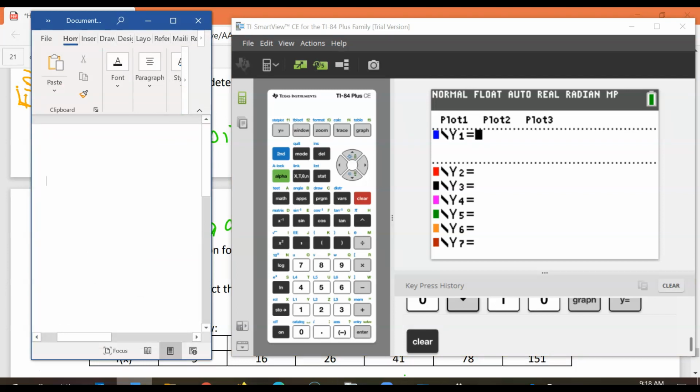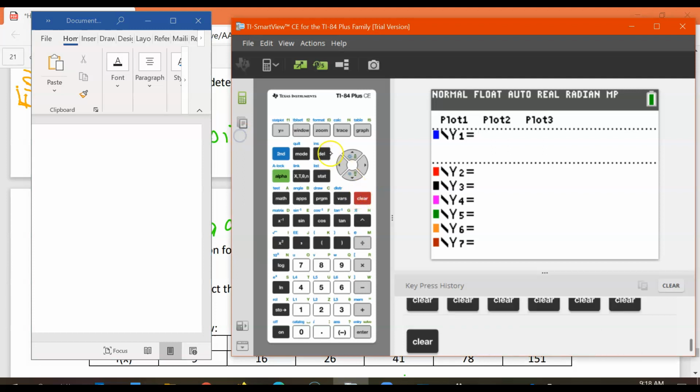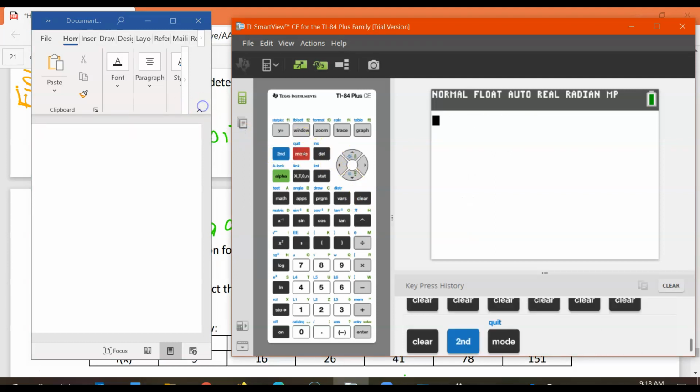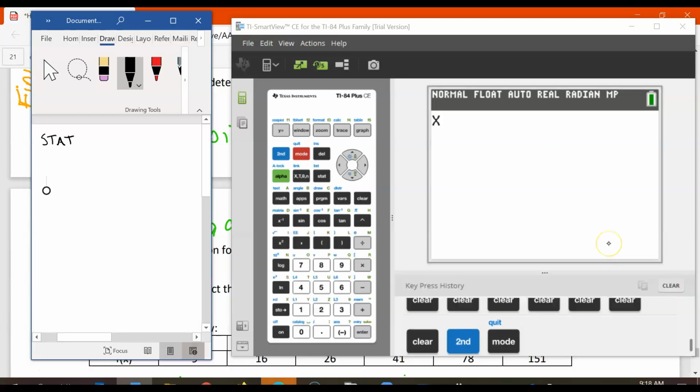All right, so the first thing you want to do is, let me clear out of this. Clear. Second quit. There you go. Okay, you are going to first put in your data. So to do that, you hit Stat, and then you hit Edit.